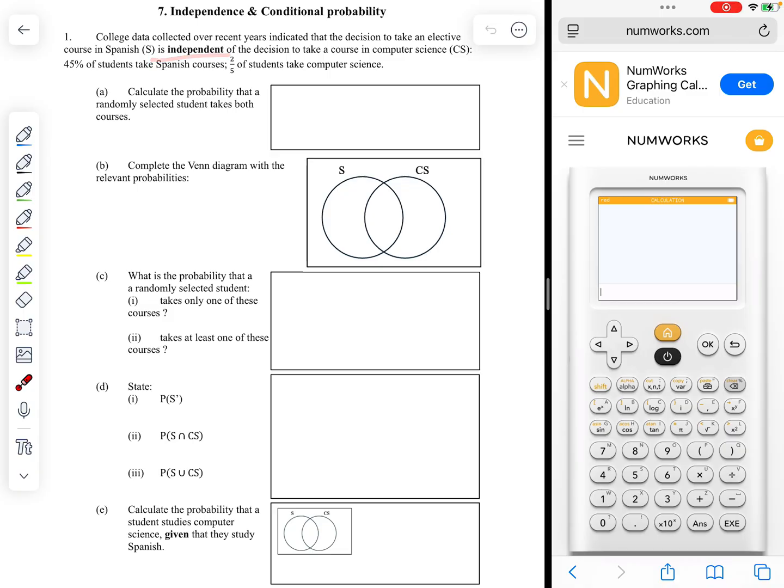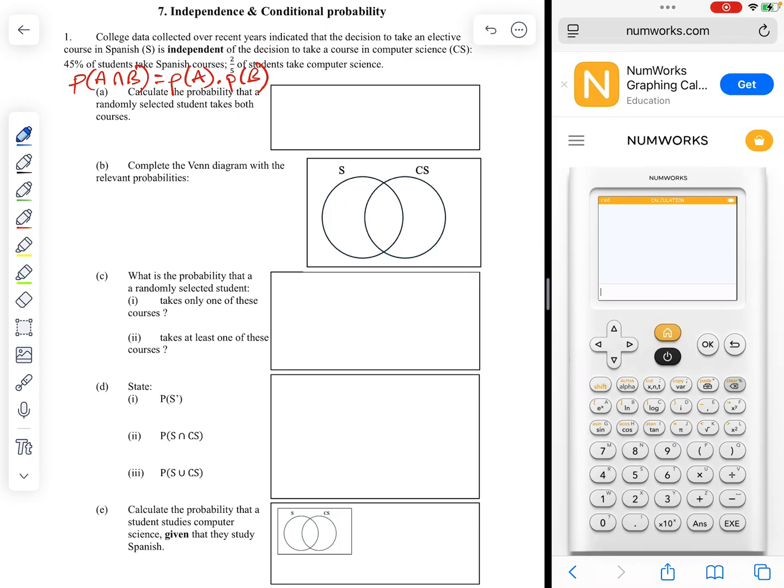So with this word independent, we can look at the formula sheet and we know that for two events A and B, the probability that somebody does both A and B is the probability of doing A multiplied by the probability of doing B, if these two events are independent.